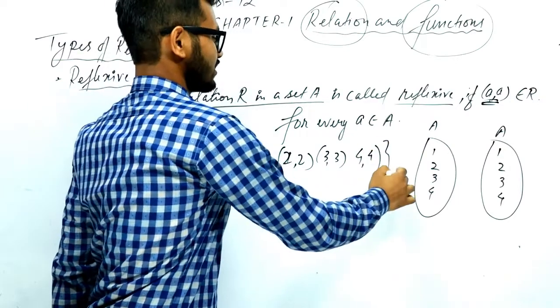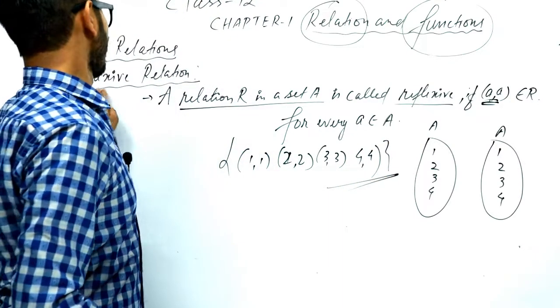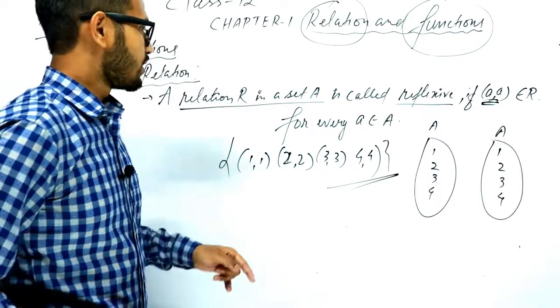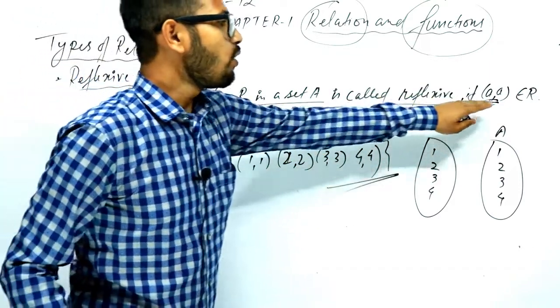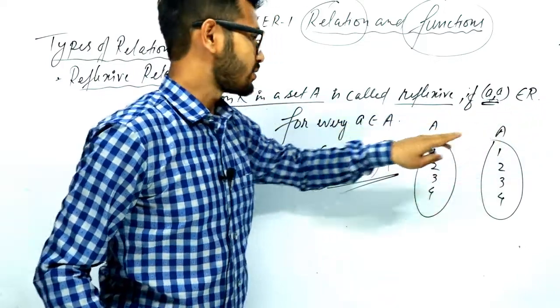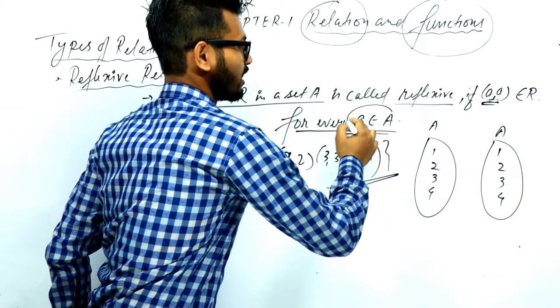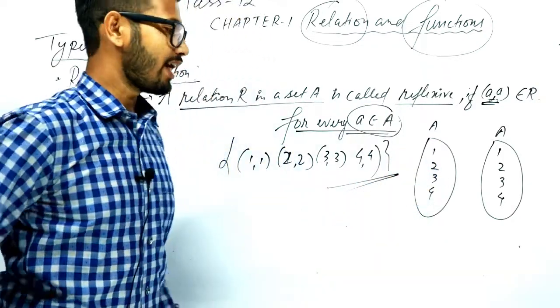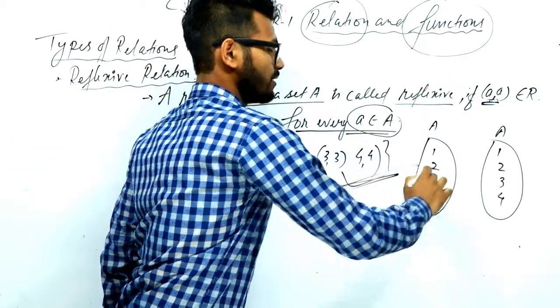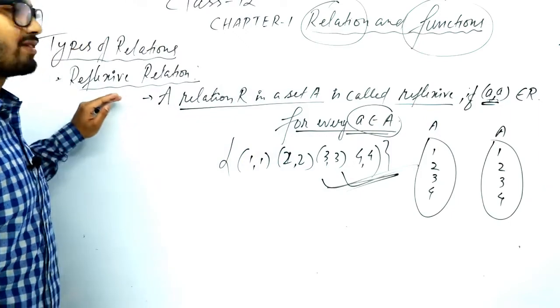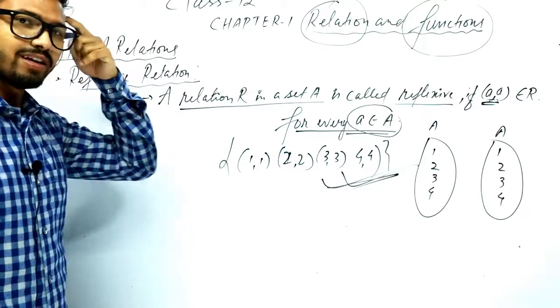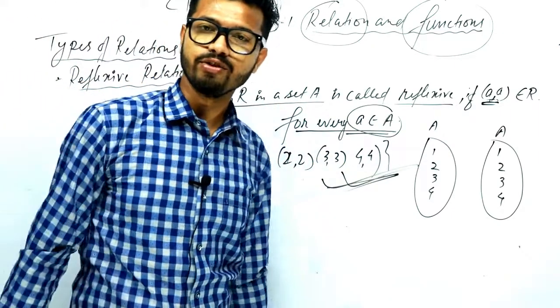This is an example of a reflexive relation, because here all (A, A) belonging to R are present. Remember, there is a condition: for every A belonging to A, all the numbers should be included. Then only is it an eligible relation that falls under the category of reflexive relation. I hope it is clear to you.